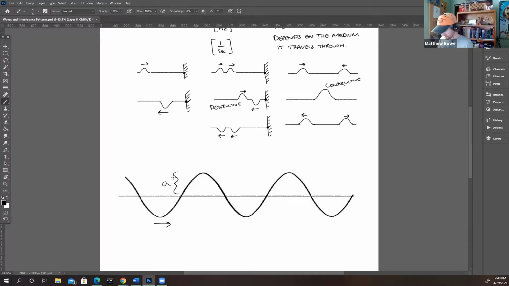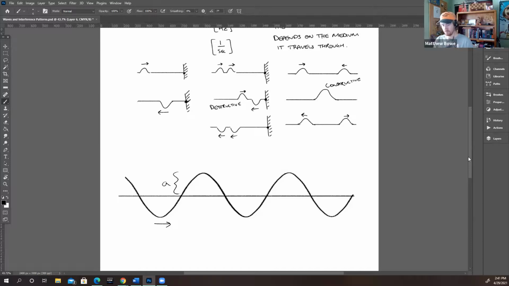Okay, and what else can we find out about this wave? We can measure its wavelength. So one wavelength is just a small little segment. This wave will go on forever, but I just want to figure out one small segment that doesn't repeat itself.